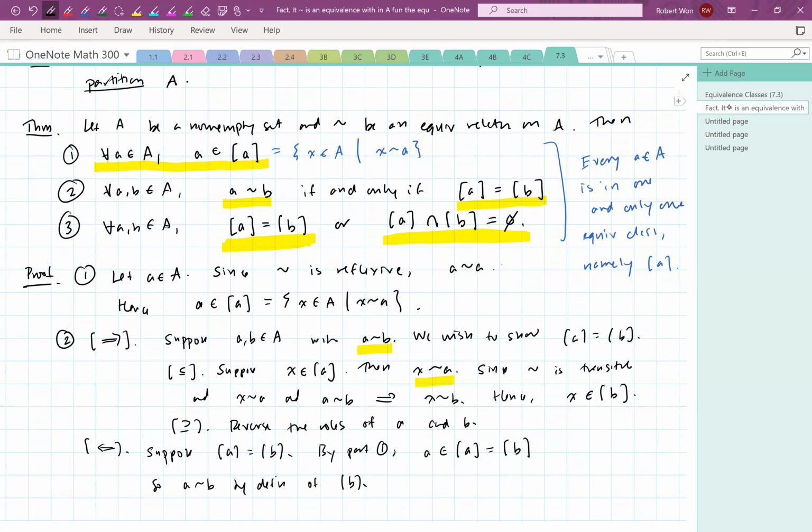That's what it means to say that the intersection is not the empty set. So C is in the equivalence class of A and C is in the equivalence class of B. Therefore, since C is in the equivalence class of A, C is equivalent to A, and C is equivalent to B. This is by the definition of the equivalence class of A and the equivalence class of B.